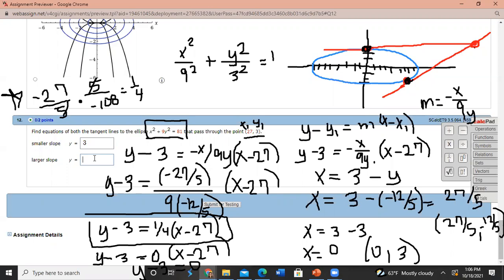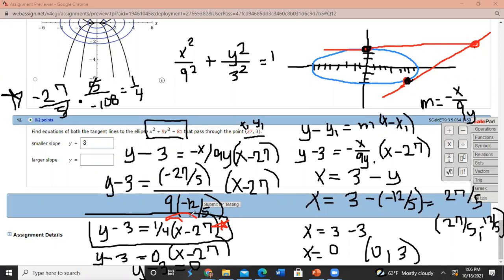Oh, I didn't realize they have y by itself. So we can do that. I have it in point slope here, and so we'll fix that up. Okay, so if I distribute the 1/4, it's like 27 divided by 4. And then we have to add 3 to both sides.